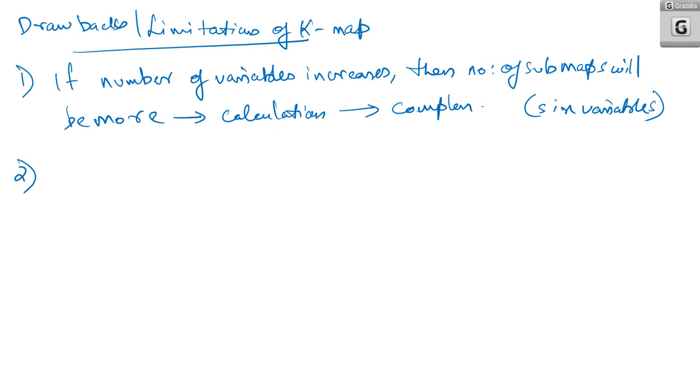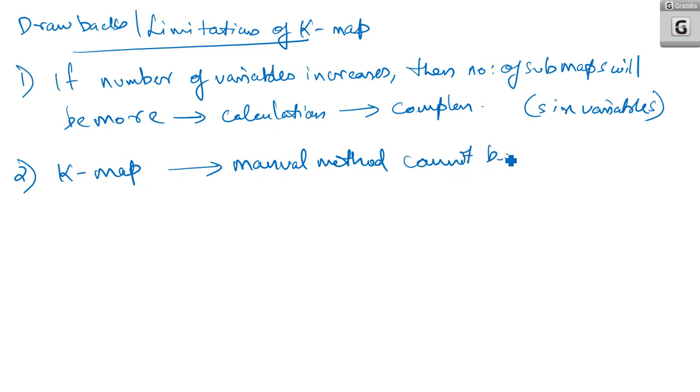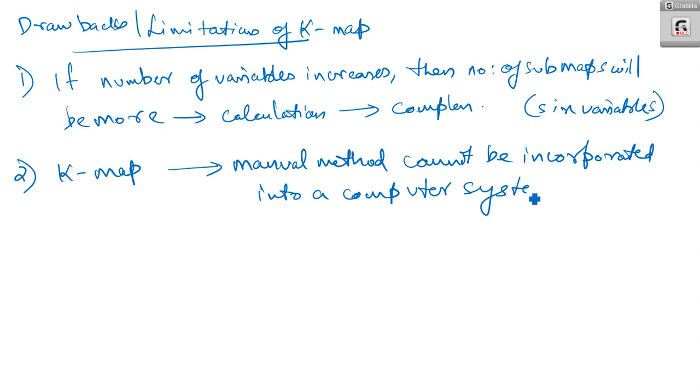Second one is K-map, Karnaugh map, is basically a manual method. It is a manual method, and it cannot be incorporated into a computer system. That is the second one.